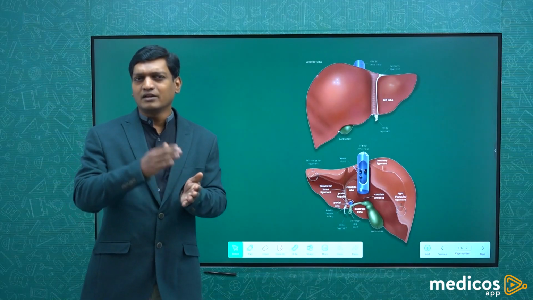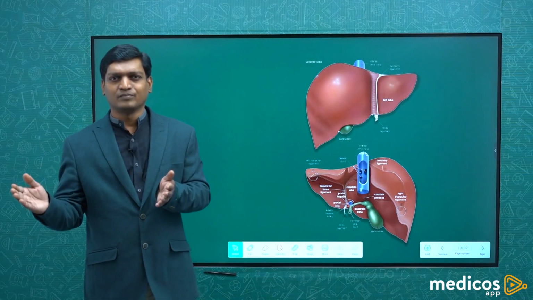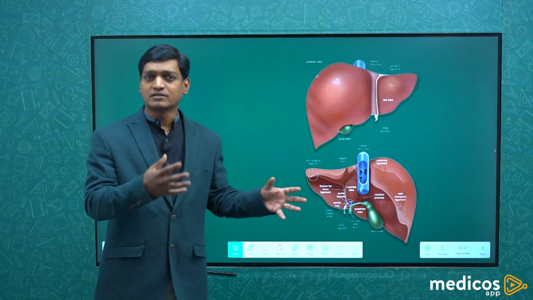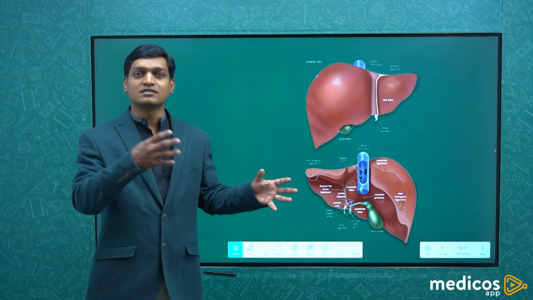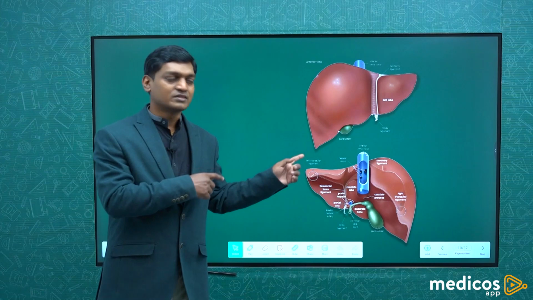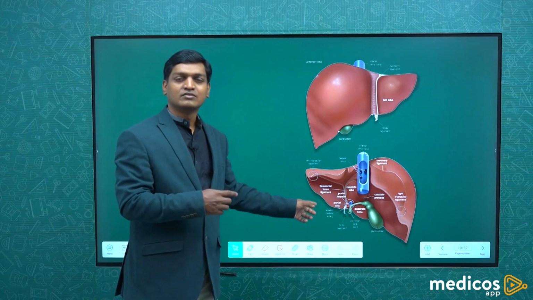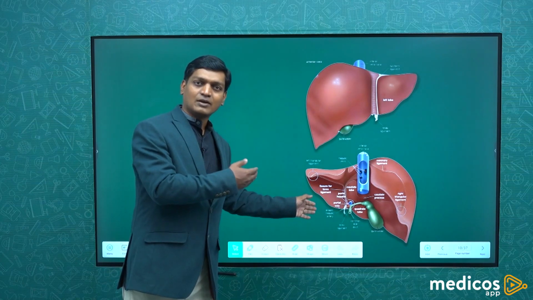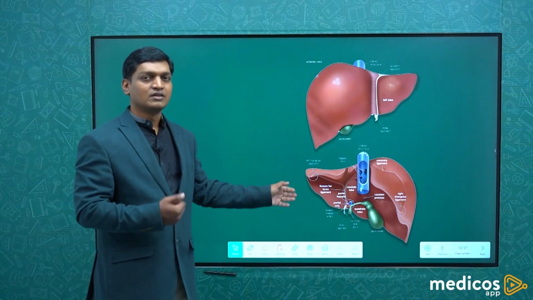And clinically, you need to know the lobes of the liver. Another thing is the vascular segments of the liver. Because in the porta hepatis, three structures are involved: two structures enter and one structure comes out of it.